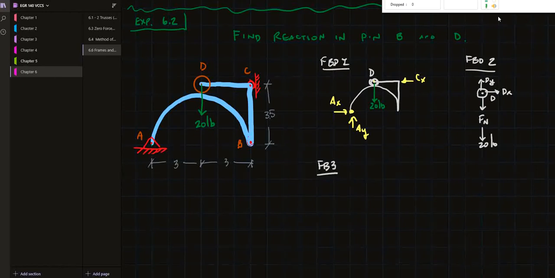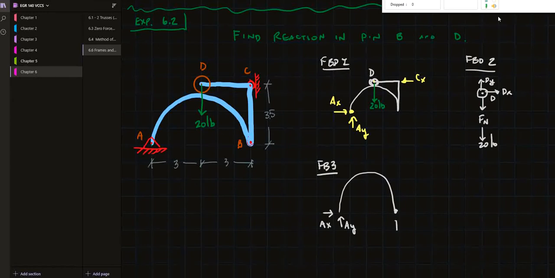Free body diagram number 3 is, I'll just do this half circle thingy. So it has a reaction at A, the support, an AY and an AX, and then over here, it's pinned to this link.